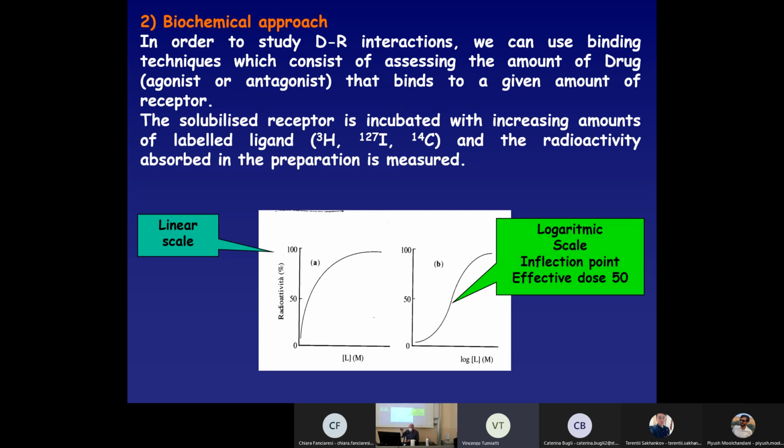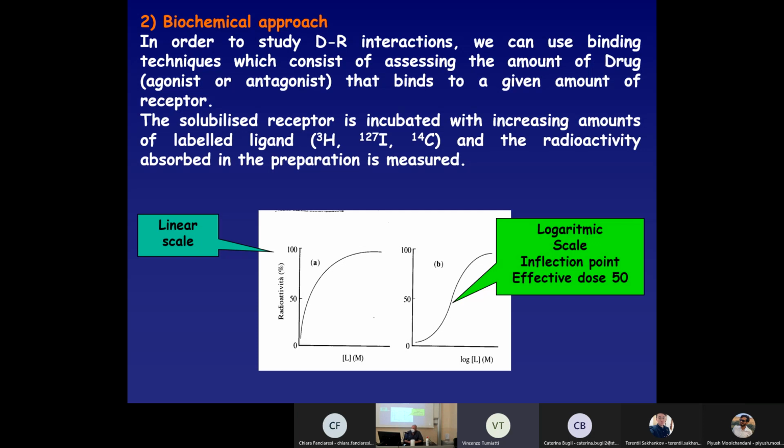So, with the biochemical approach, we are not able to know if our molecule under investigation is an agonist or an antagonist, because we do not measure a final effect. We measure only the ability of this compound to interact with a specific target.